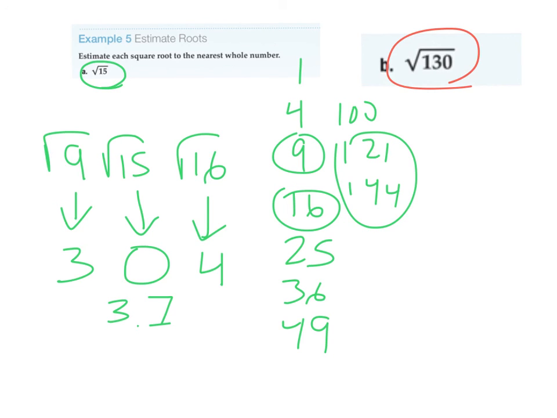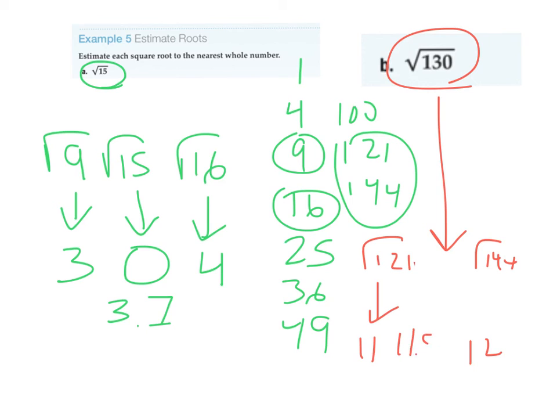So I'll write this as the square root of 121. We have the square root of 144, and this is in between. Square root of 121 is 11. Square root of 144 is 12. So 130 is in between 11 and 12. And since it's right kind of in the middle, I'm going to say 11.5.